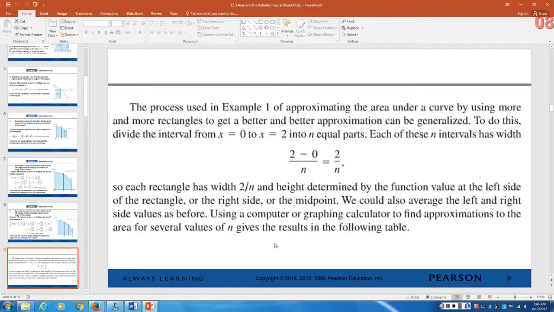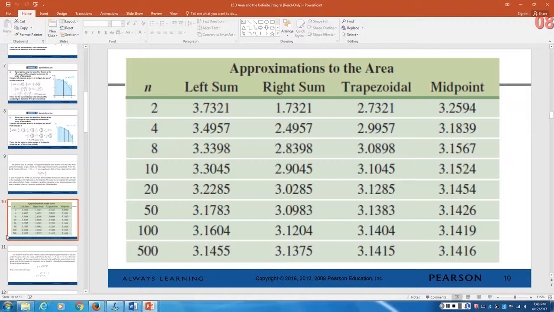So what we're actually doing here then is we're building this table. So if we used 2 rectangles that were aligned at the left edges, then we got 3.72, very much overestimated.